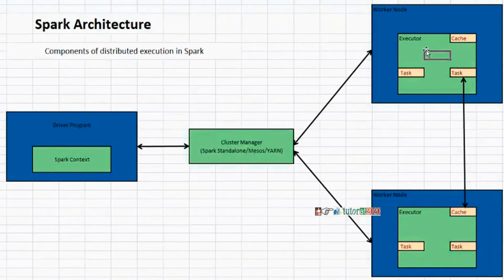Supposing if there are two cores allocated for this executor, then there can be multiple tasks running on the single executor also, within the single node, right? So depending upon the number of cores of processor, the way you configure the job, okay, based on that, there will be that many tasks spawned on each node.